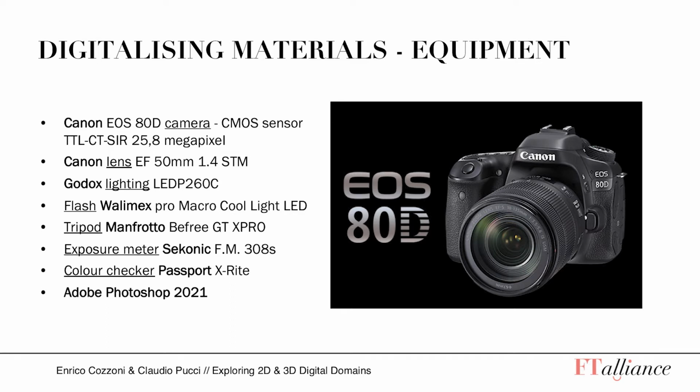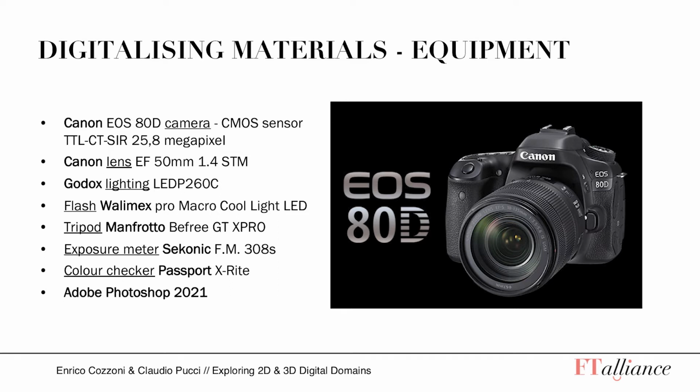After that, we simply set up a very simple studio set, a photo set, in which you can acquire by yourself, you can do it also at home, the digital pictures of a material. We have used this type of equipment. What you need is a camera, a specific lens, and lighting devices that are not expensive.